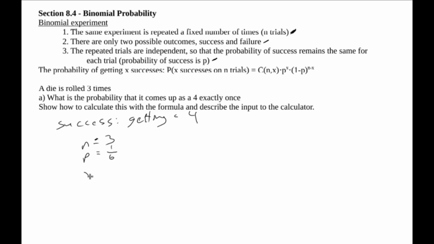And then x is generally the third variable that we're going to be using. You can see that's in the formula up here. This is the number of successes that we're talking about getting, and since we're talking about getting exactly one 4, that means getting a success exactly once. So n is 3, p is 1/6, x is 1.